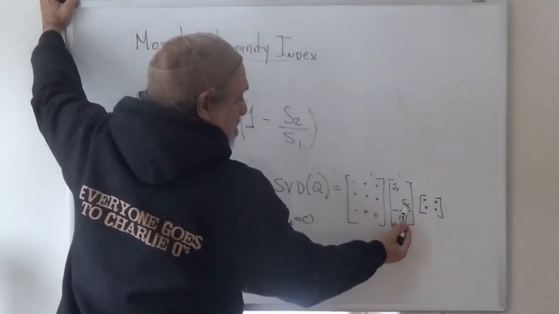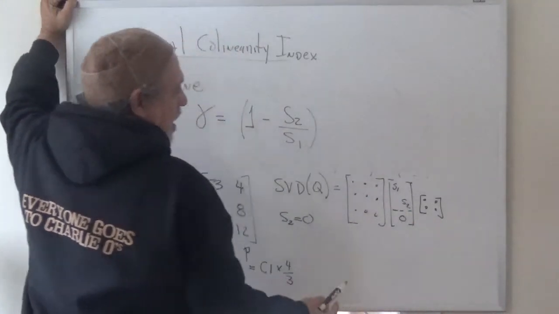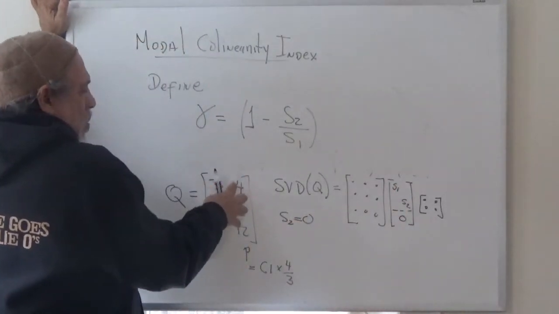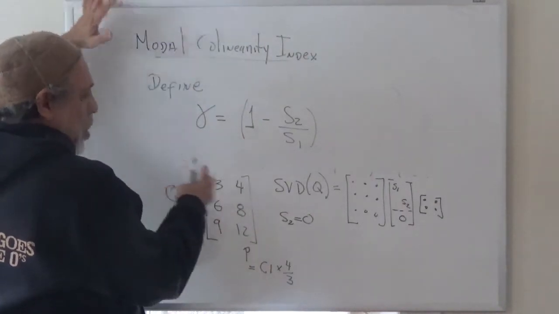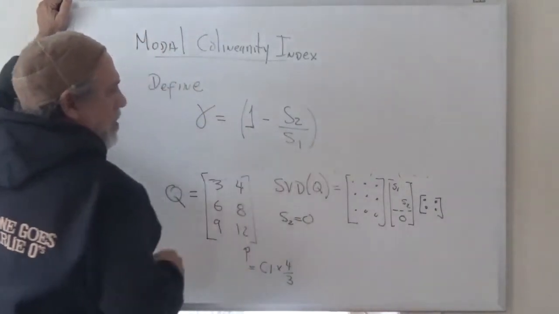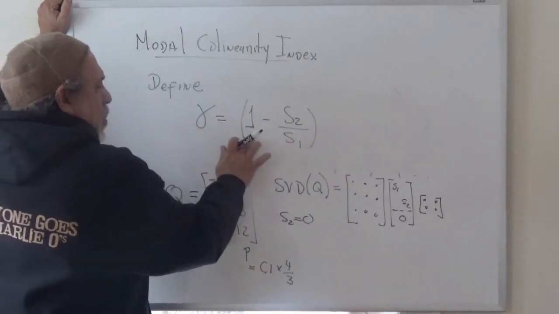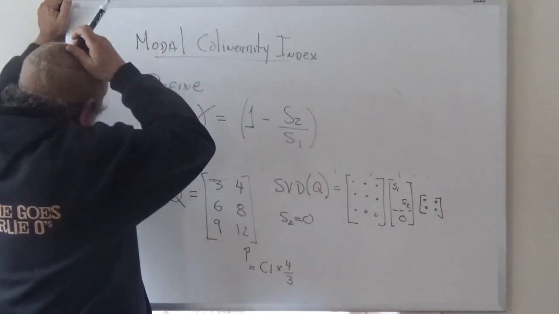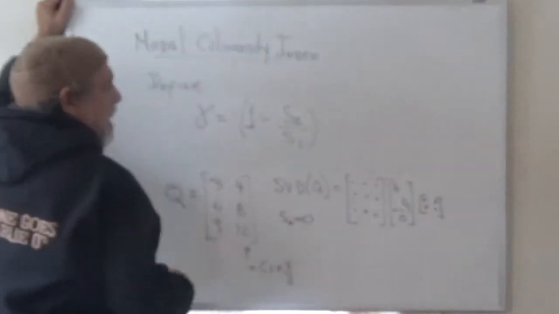S2 is always smaller than S1. At worst, it's equal, right? So the most complexity that you can ever have, which is when this is orthogonal to the first column, that's as complex as possible, then S2 is equal to S1, this is a 1 and that's a 0. So this thing goes from 0 being really complex to 1 being perfect.